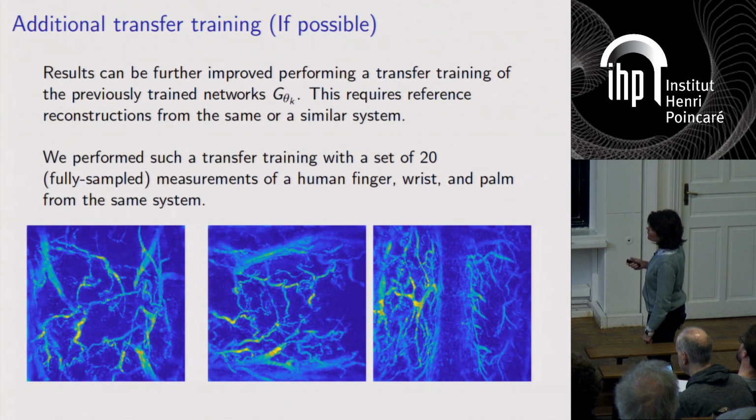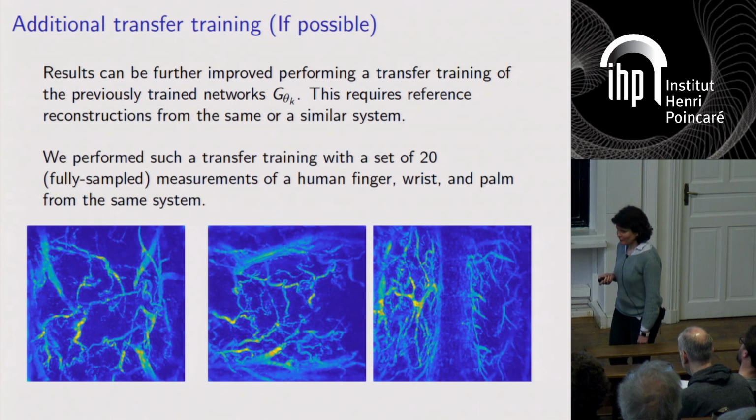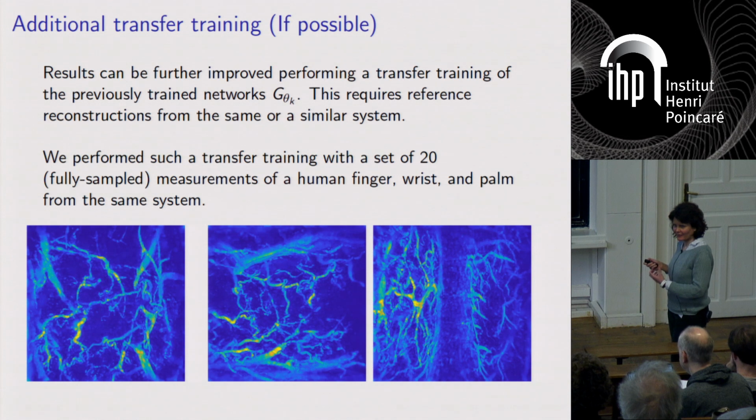First of all, we're heavily restricted in the number of data sets that we can train on. So we took about 20 fully sampled measurements. With this fully sampled data, we could perform good quality total variation reconstruction. And then, of course, the bias of this whole procedure is now towards the total variation solution.